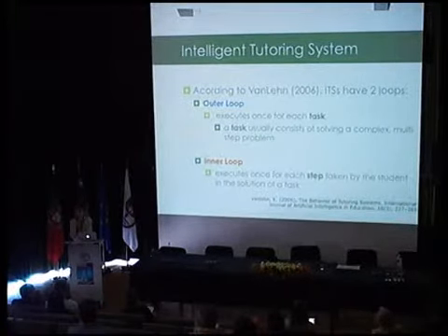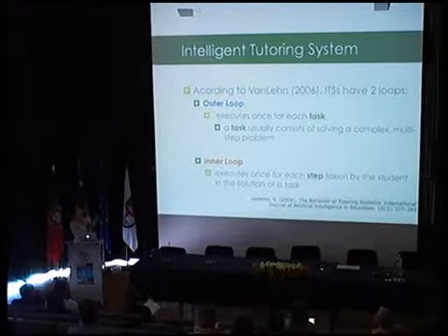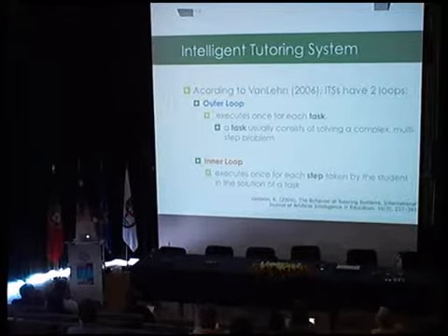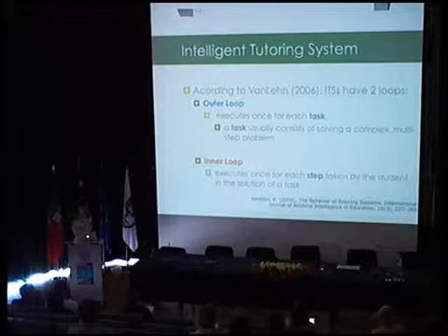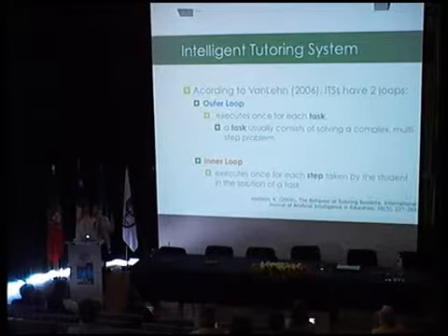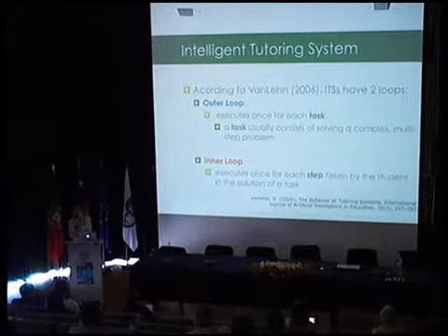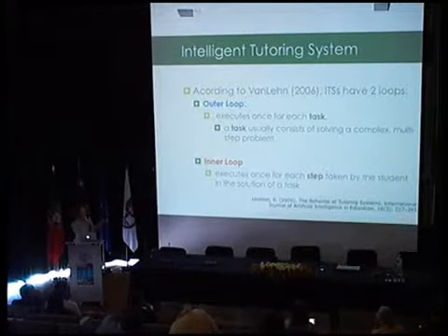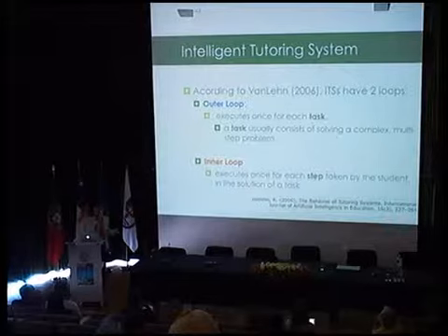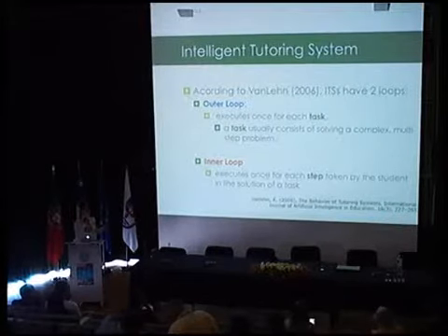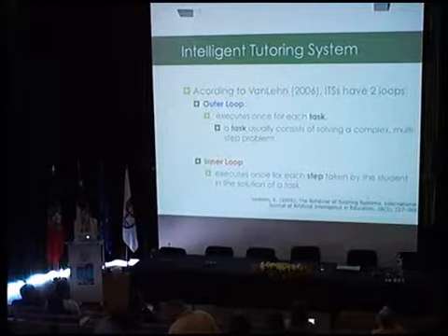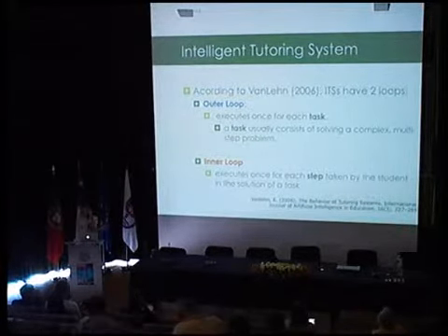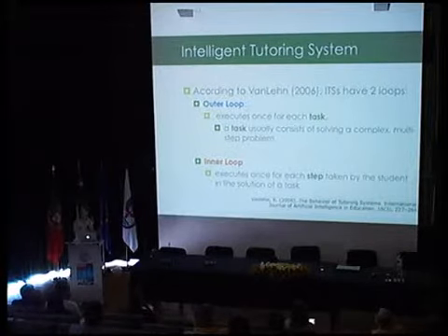Instead of defining intelligent tutoring systems by their components, by their architecture, it defines them by their behavior. So intelligent tutoring systems have two loops. The first loop, the outer loop, is responsible for selecting a task for the student according to the student's model. So it executes once for each task. A task is usually a complex problem for the student to solve, but it can also be an explanation for the student to learn.